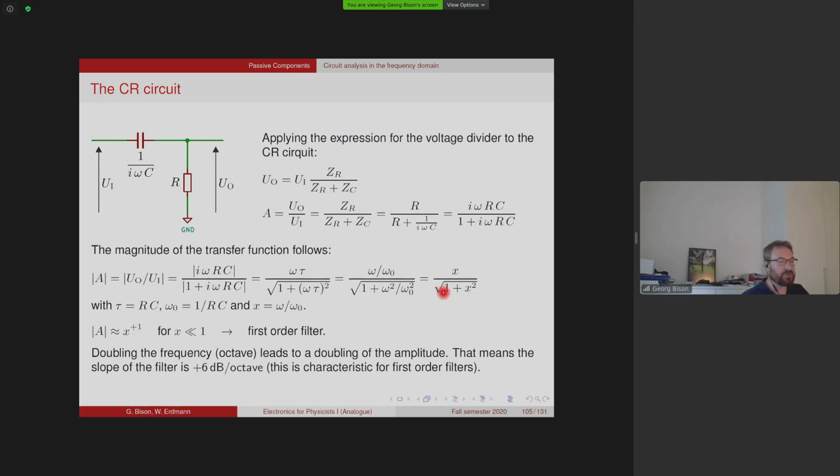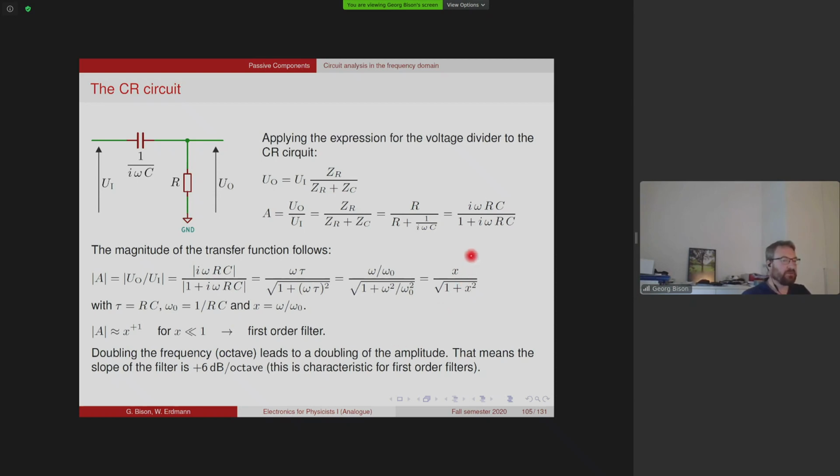For small frequencies, this one here is basically 1, and it's proportional to x. So for small frequencies, the amplitude of this transfer function is proportional to x to the plus 1, and so this is also a first order filter.